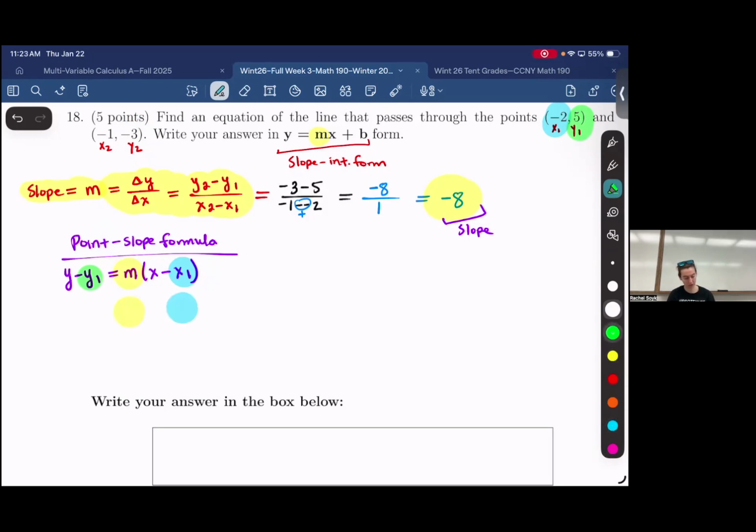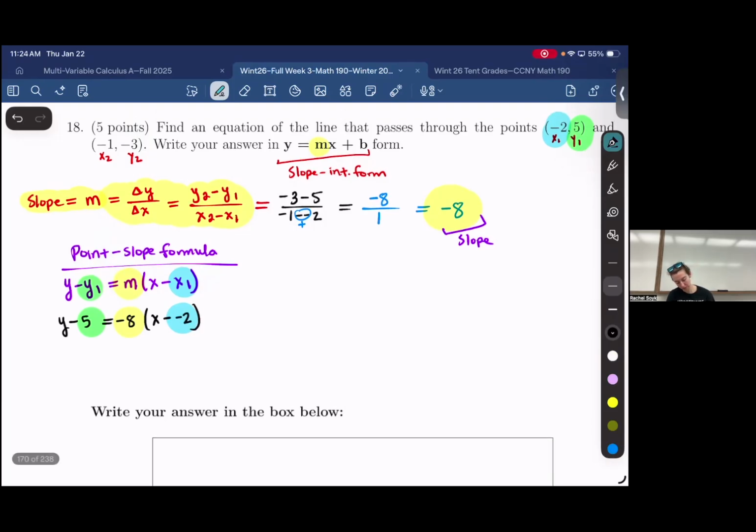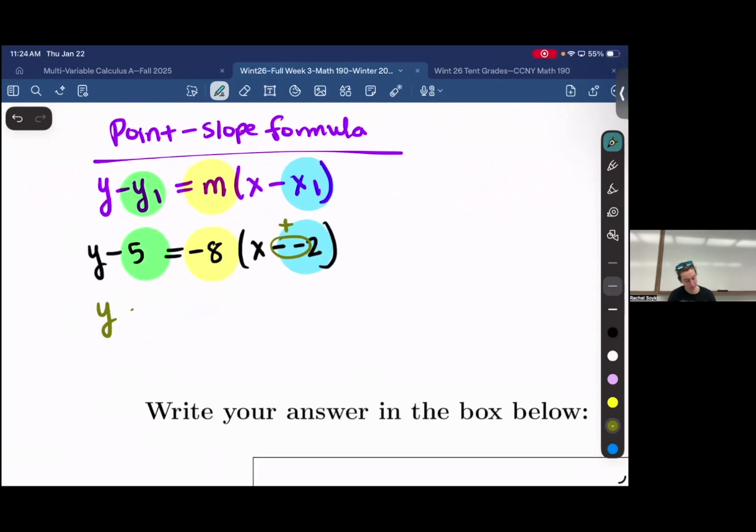So now let's plug in accordingly. We get y minus 5 is equal to -8 in parentheses x minus -2. Once again, two negatives give you a positive. So we get y, zoom in on this, minus 5 is equal to -8x plus 2. Utilize distributive property.